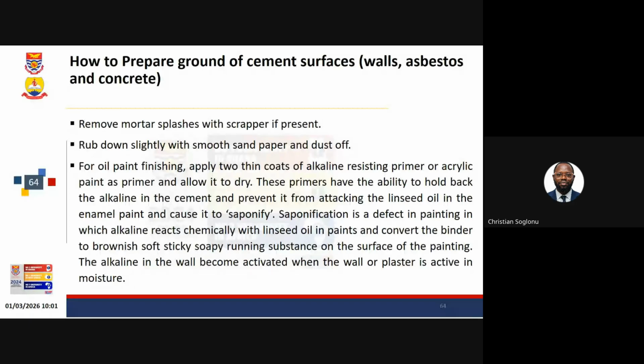So you pick your smooth sandpaper, then you sand the surface of the walls. But normally, what our painters do, they don't do all these things. They just use a scraper, then they start painting. Nobody sandpapers your surface for you. And when you do that, in no time the paint will fade out from your walls, and you see cracks on the wall surfaces.